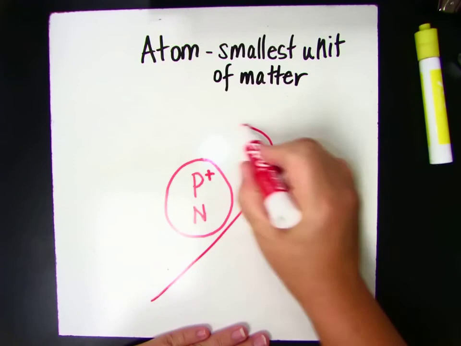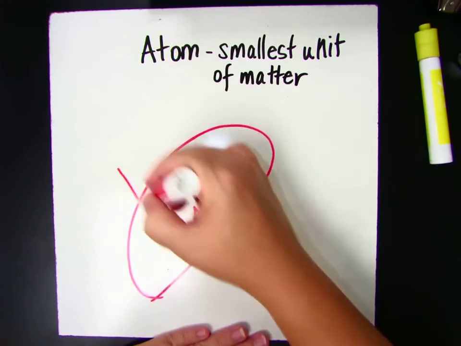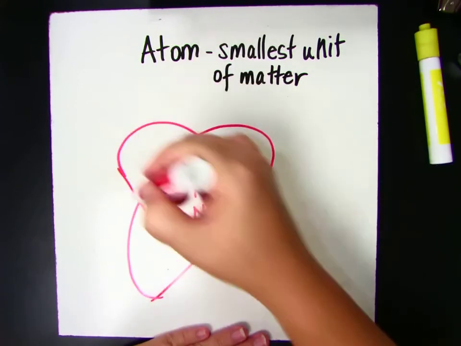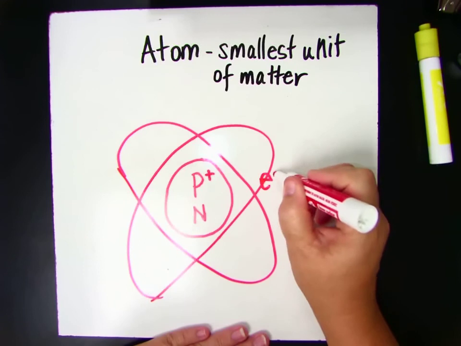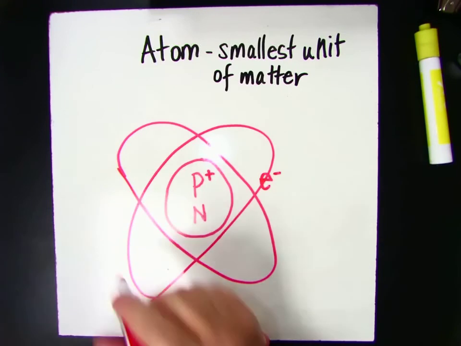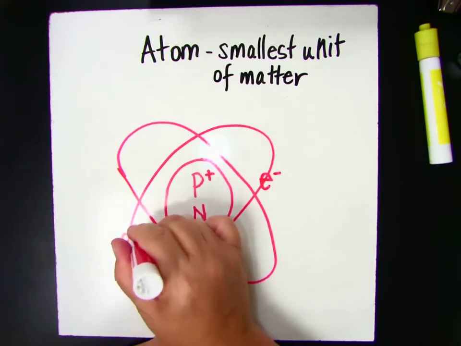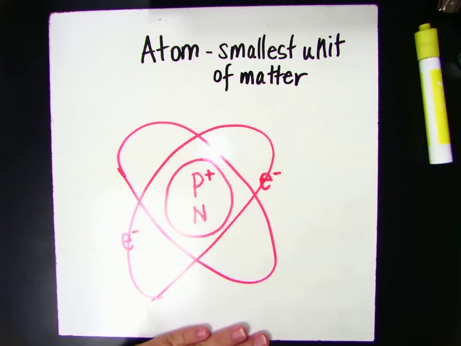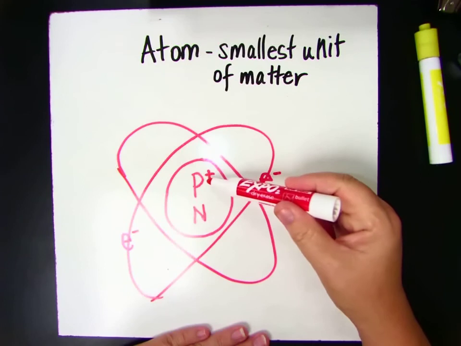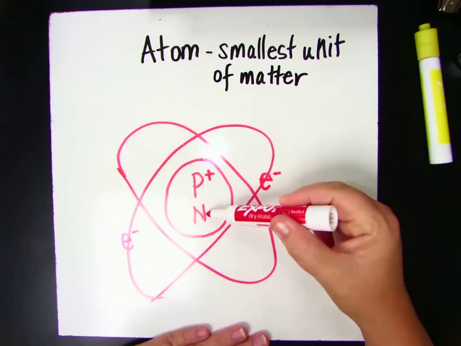And running around the outside of the house are Peggy and Norman's children. And Peggy and Norman's children do less than nothing. And less than nothing is negative. Something we also have to remember is that for every Peggy, there's a Norman.